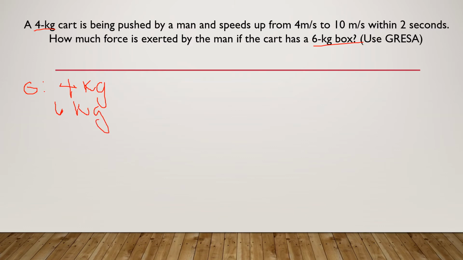So if you're going to solve that, in a cart which is 4 kilogram, there is a box which is 6 kilogram. So if that is the case, your mass is equivalent to 10 kilogram because cart and box are working together. Now, you already have the mass. How about this 4 meter per second and 10 meter per second?